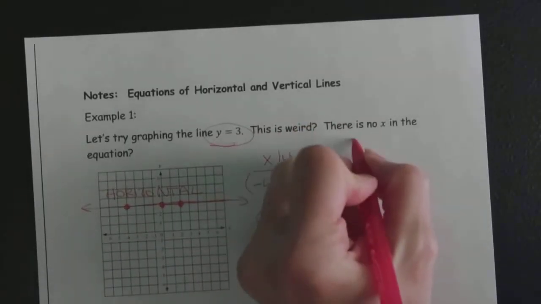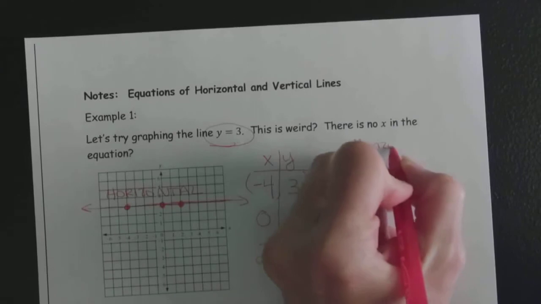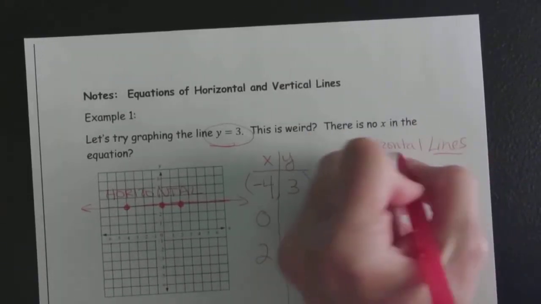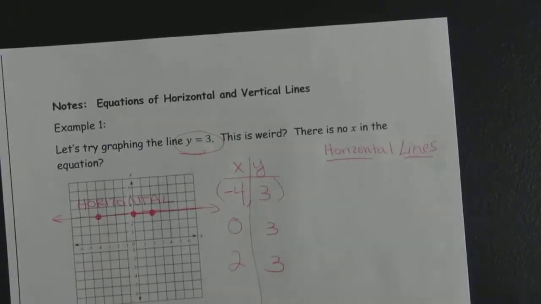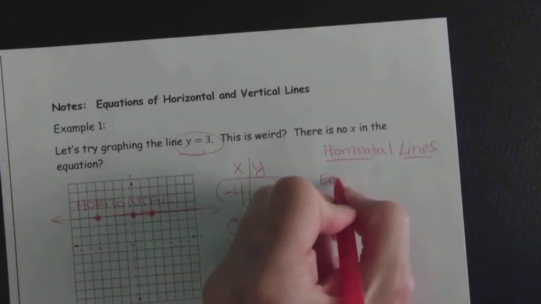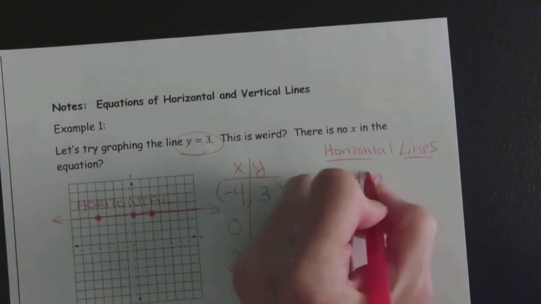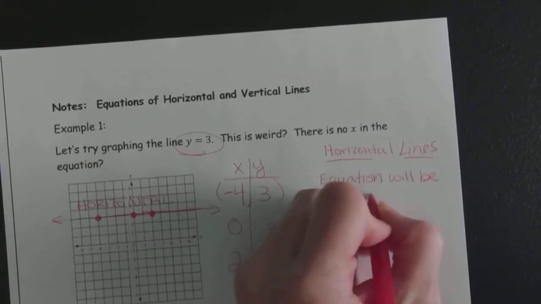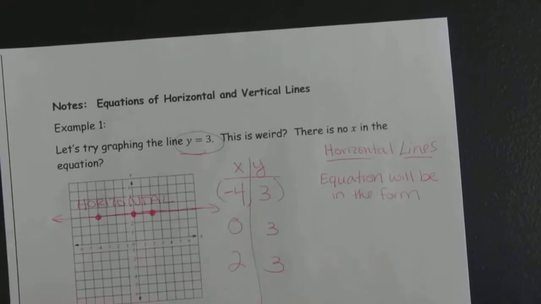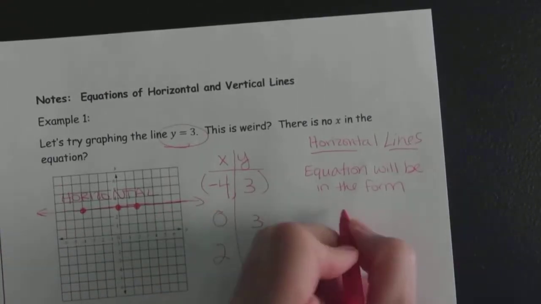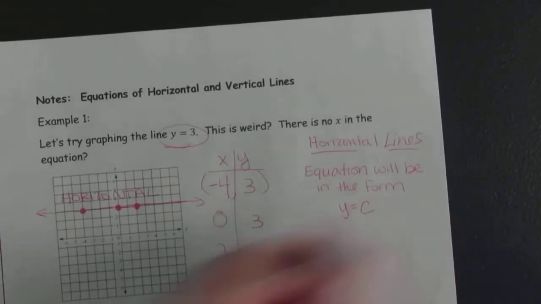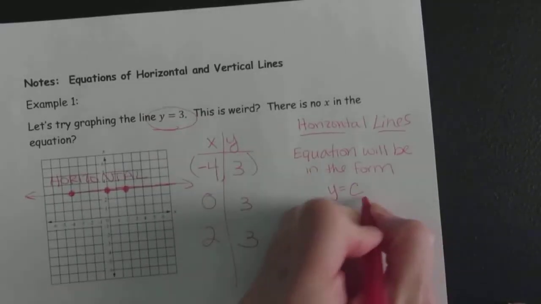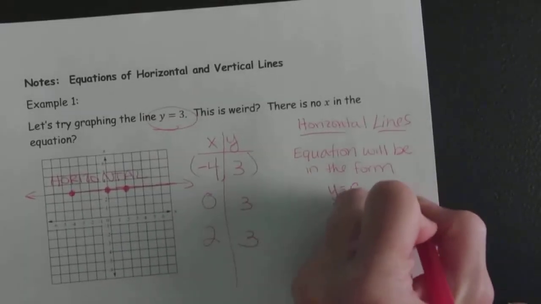So what we can write down here is, let's make a little note. Horizontal lines, their equation will be in the form, it's got its own form, y equals c, where c is a constant.